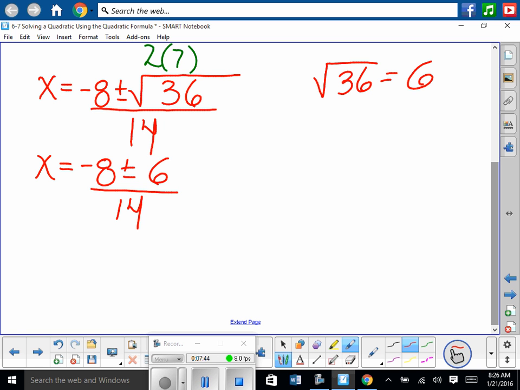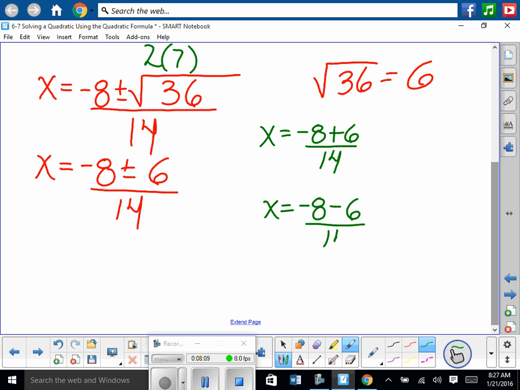So now I can split this up. What I really have is x is equal to negative 8 plus 6, all over 14. And I also have x is equal to negative 8 minus 6, all over 14. You see what I'm doing here? Yes.